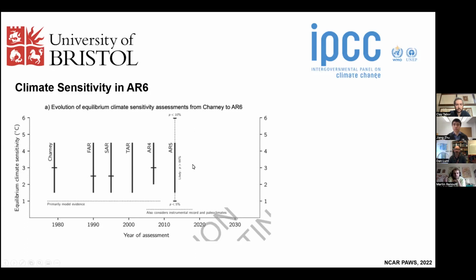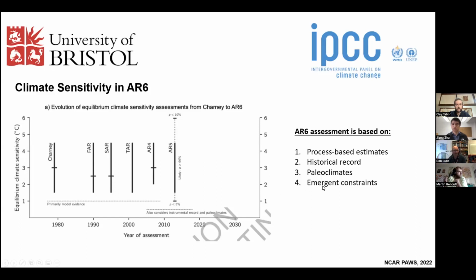So it was really interesting starting work on this chapter to think, well, can we go beyond that? Are we going to be able to tighten these constraints or not? Maybe they're even going to widen, like they did between AR4 and AR5, because improved understanding doesn't always lead to narrower estimates. If you improve understanding, it can mean your uncertainty gets larger.